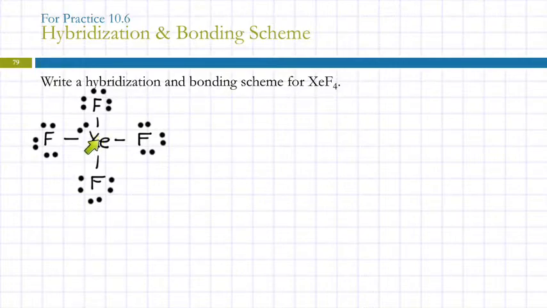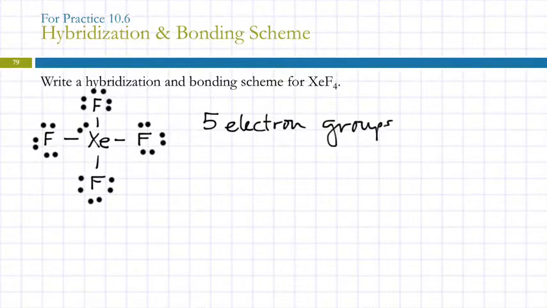Then we look at the central atom and say, how many electron groups? We have 4 bonds. Each of those is 1 group. And we have 1 lone pair. That's a group. So we have 5 electron groups. So you get your fingers out. 1, 2, 3, 4.